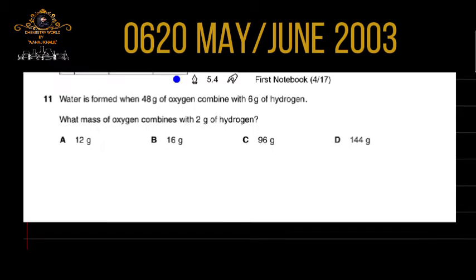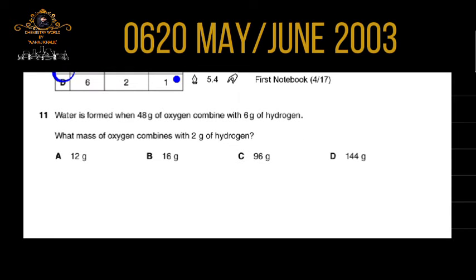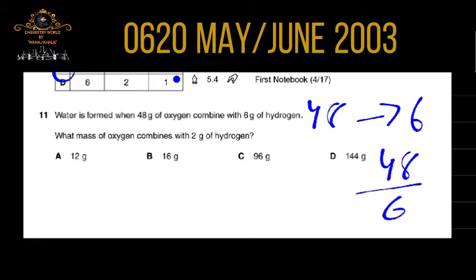MCQ number 11. Water is formed when 48 grams of oxygen combine with 6 grams of hydrogen. What mass of oxygen combines with 2 grams of hydrogen? 48 grams with 6 grams, then we have to divide 48 by 6. 6 6s are 36, 6 7s are 42 and 6 8s are 48.